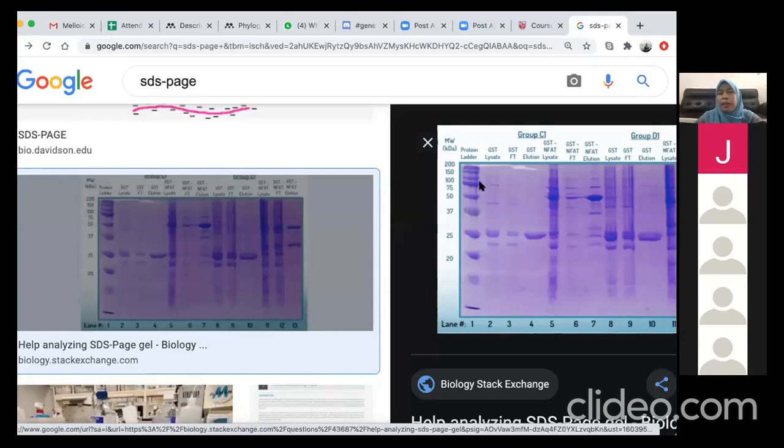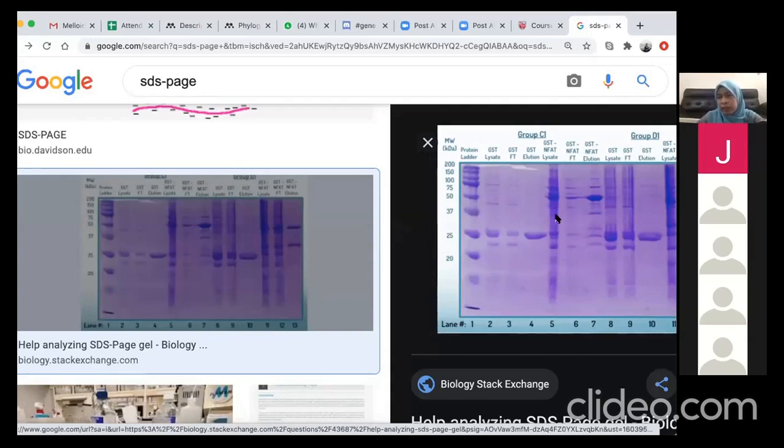Okay, maybe this is the marker, right? This is the one after the first step. In the third fraction, the third fraction will look like this. Majority, some of them have been removed from the gel.